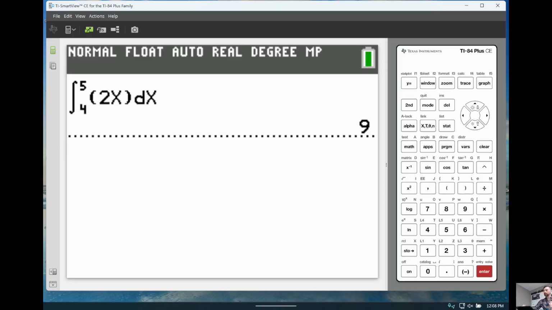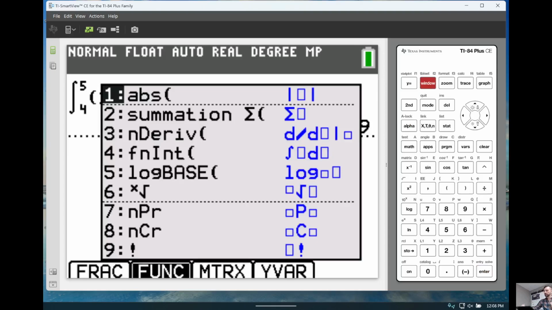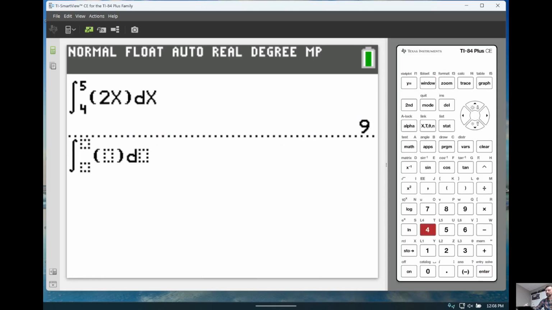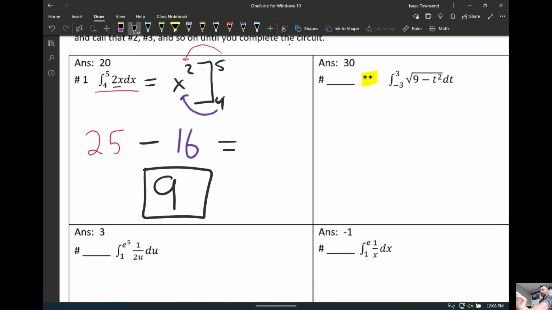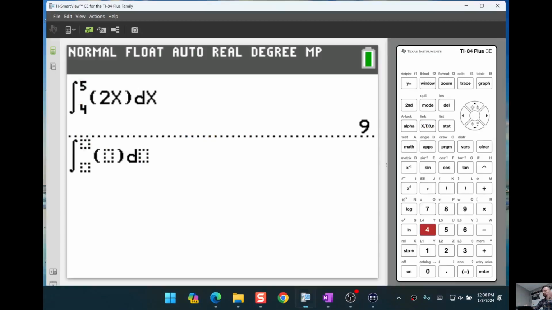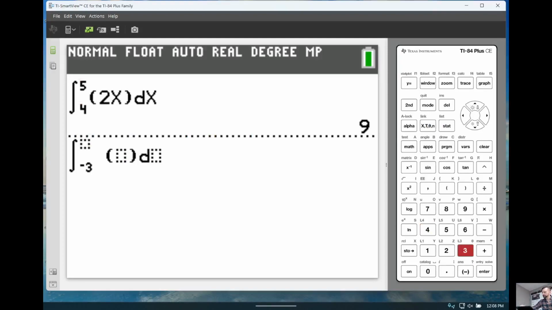Okay, but for the one on the right, it is, let's see, -3 to 3. And then I think it's this. Is that what it looks like?